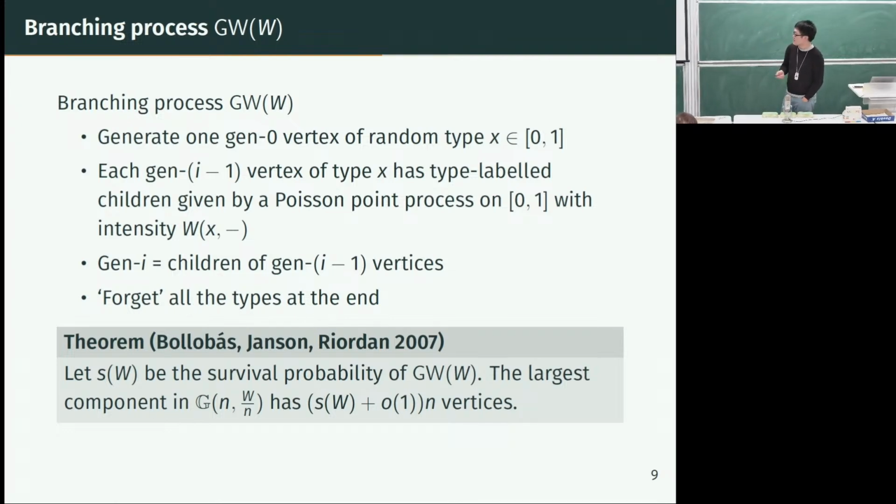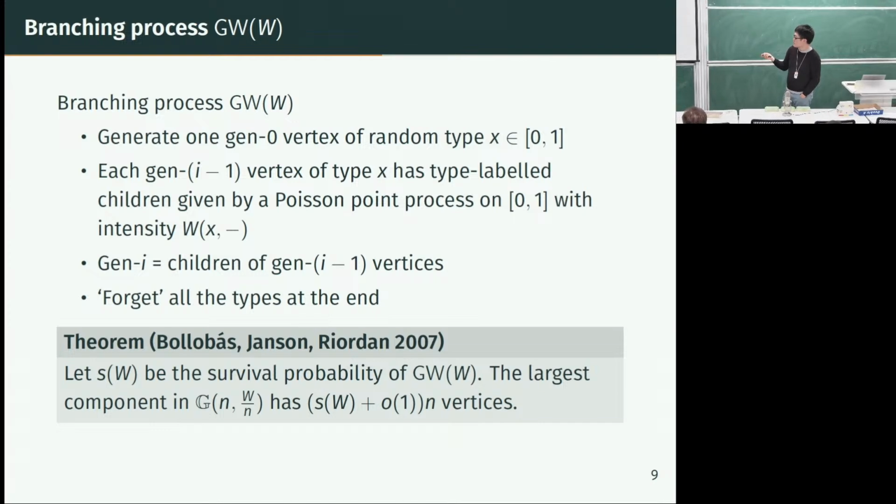And the punchline here, which is one of the results of Bollobás, Janson and Riordan, among all the results in this giant paper, is that if I am able to establish the survival probability for this Galton-Watson branching process of inhomogeneous types, then the size of the largest component in this random graph is asymptotically the survival probability multiplied by n.